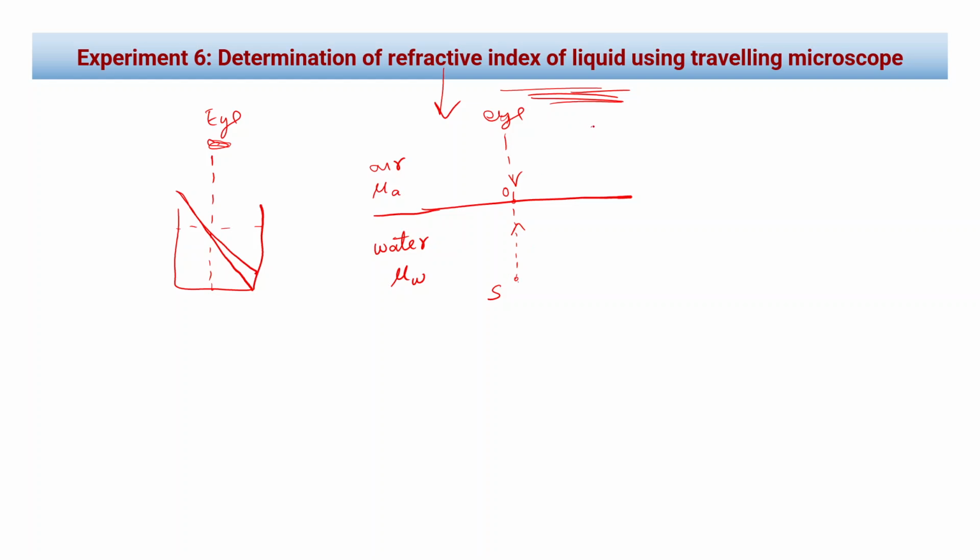Whereas if you see it from somewhere here, then the light ray will be coming like this, and again we need to say what the angle of incidence is.